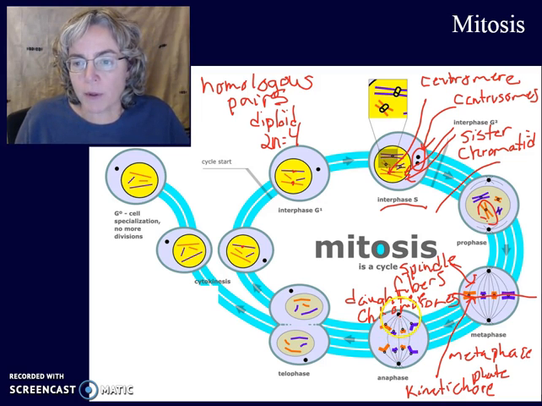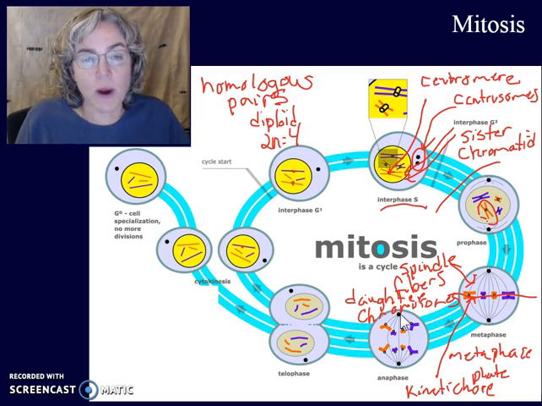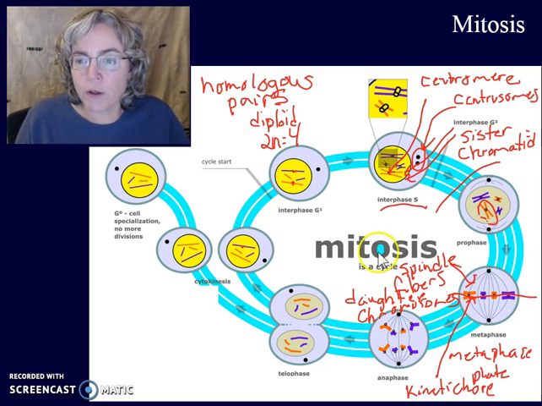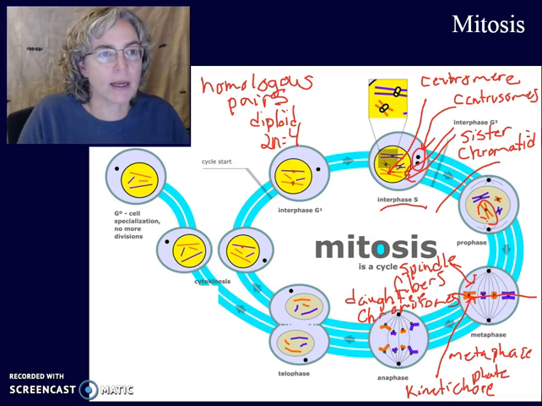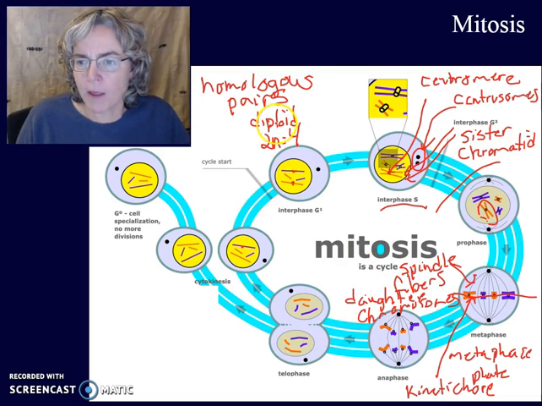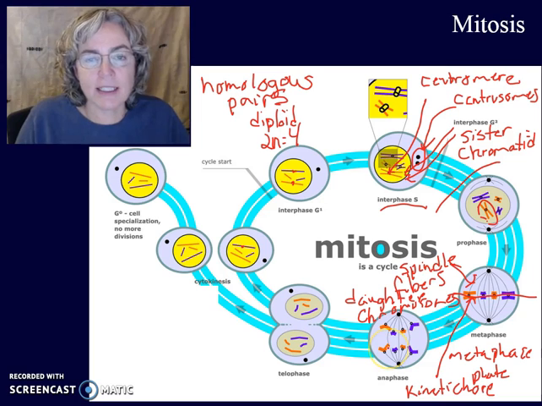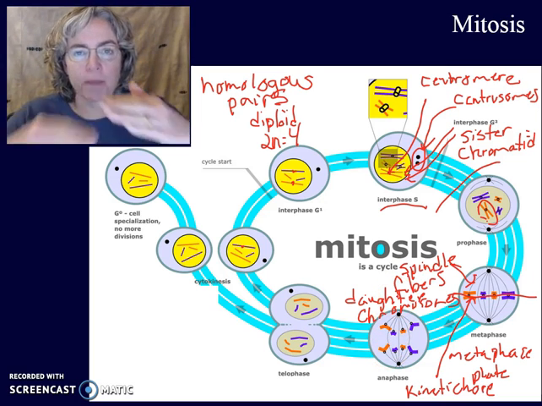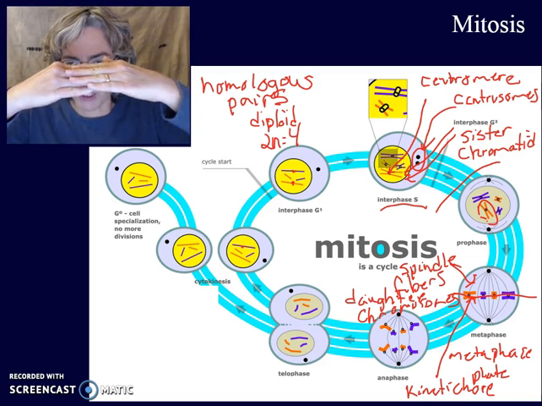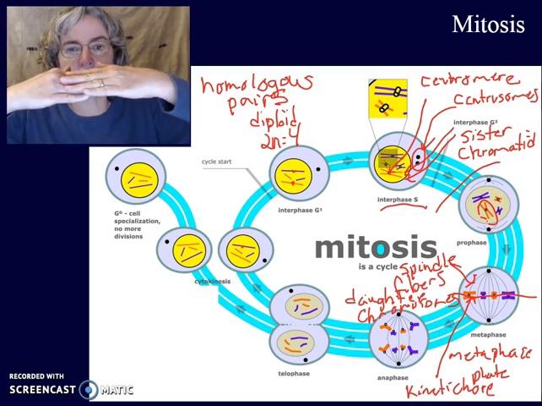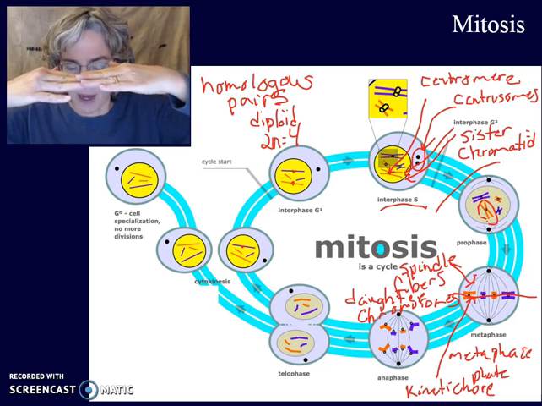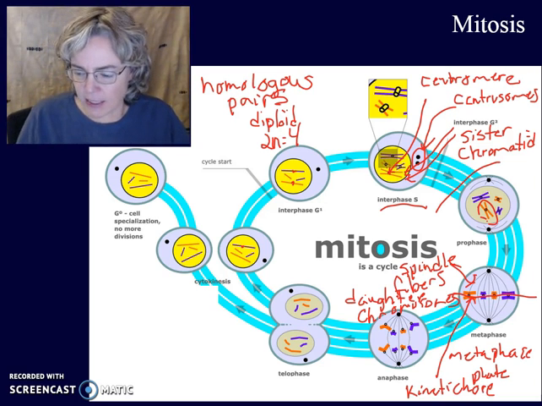These spindle fibers are actually coming apart at the centrosome, and that's why they shorten. But there are a few, and I lost my pen. How did I do that? There are a few that actually lengthen instead of shorten. And what they're doing is they're coming together and they're pushing the cell apart and lengthening the cell.